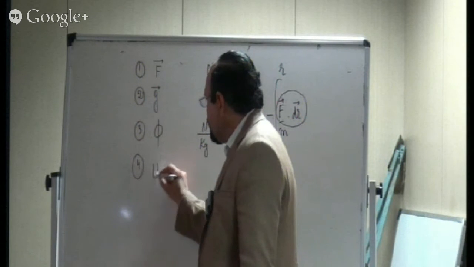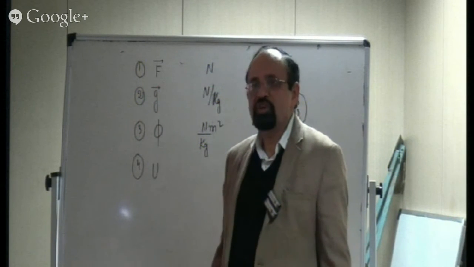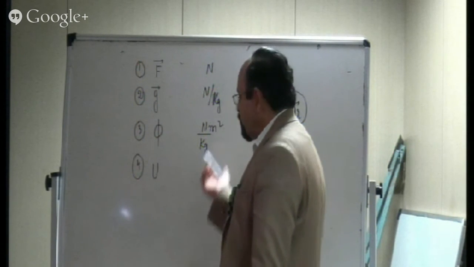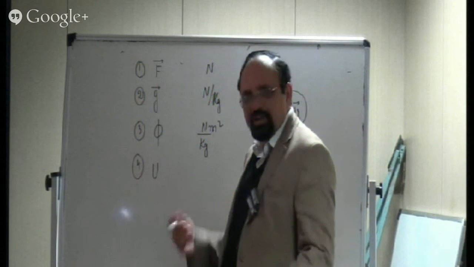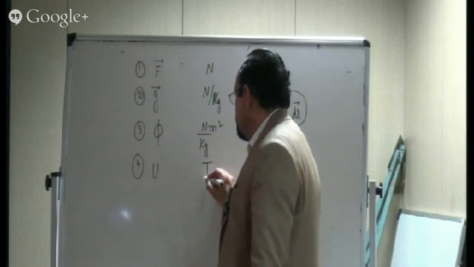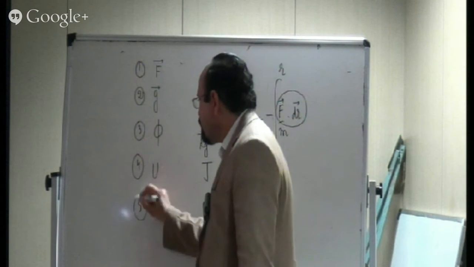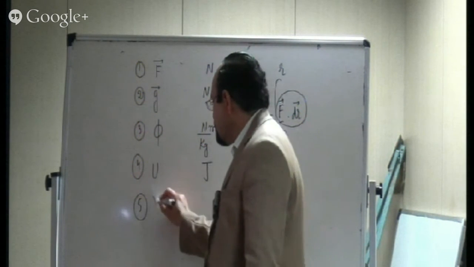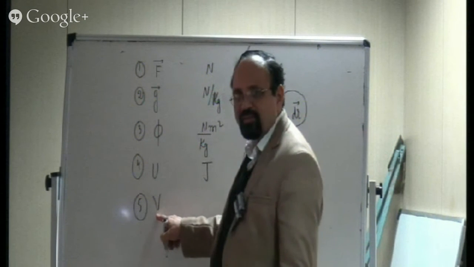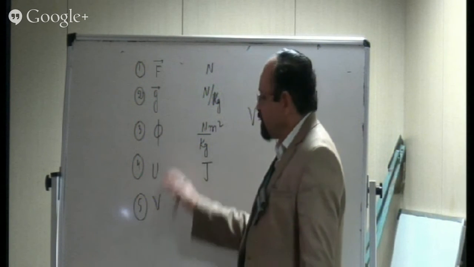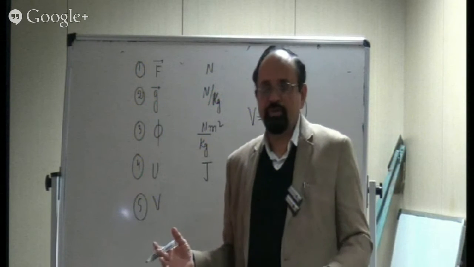Then we took a quantity, potential energy. Whatsoever be the formula, since it is energy, its unit is joule. And now we took one more physical quantity. We call this the gravitational potential. I am writing it as V. See, symbols one can change, right?